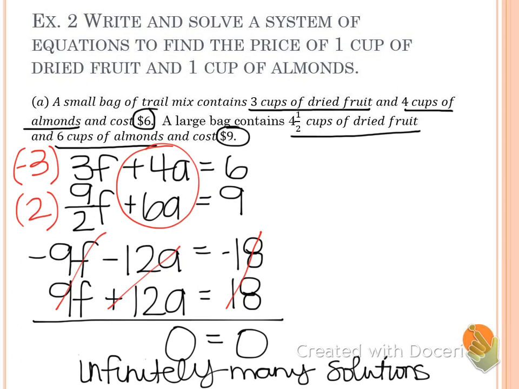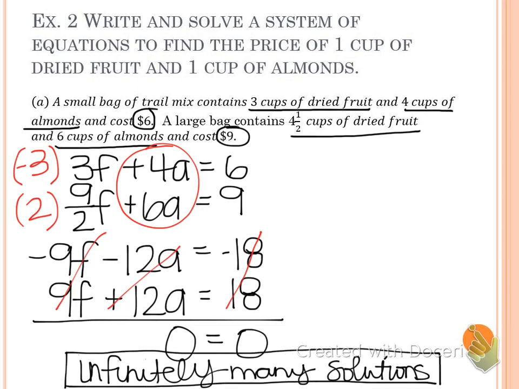They wanted us to find the price of 1 cup of fruit and 1 cup of almonds. What does it mean if it's infinitely many solutions? It means there's a lot of different combinations that would make true statements. So there's a lot of different costs for a cup of dried fruit and a cup of almonds that would make a true statement. So infinitely many.